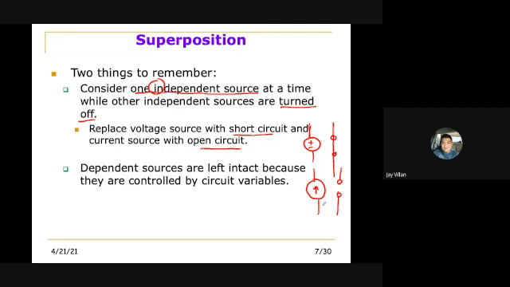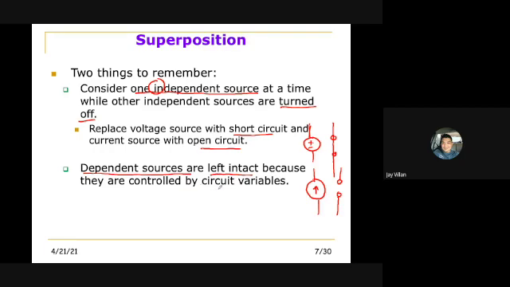Okay, so accordingly, the dependent sources should be left intact. They are not affected by our turning on and turning off of the independent sources. Why? Because they are controlled by circuit variables.